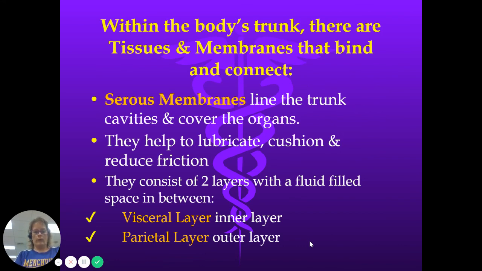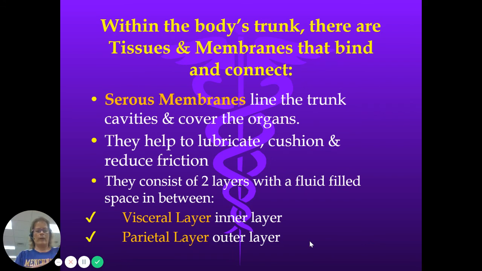Within the body's trunk, there are tissues and membranes that are going to bind and connect things together, and they are called serous membranes. So they're all inside, all your cavities are surrounding your organs, and they're trying to cover them and protect them and cushion and lubricate, because you're bouncing around and moving everywhere, and you've got to be able to help cushion and reduce friction.